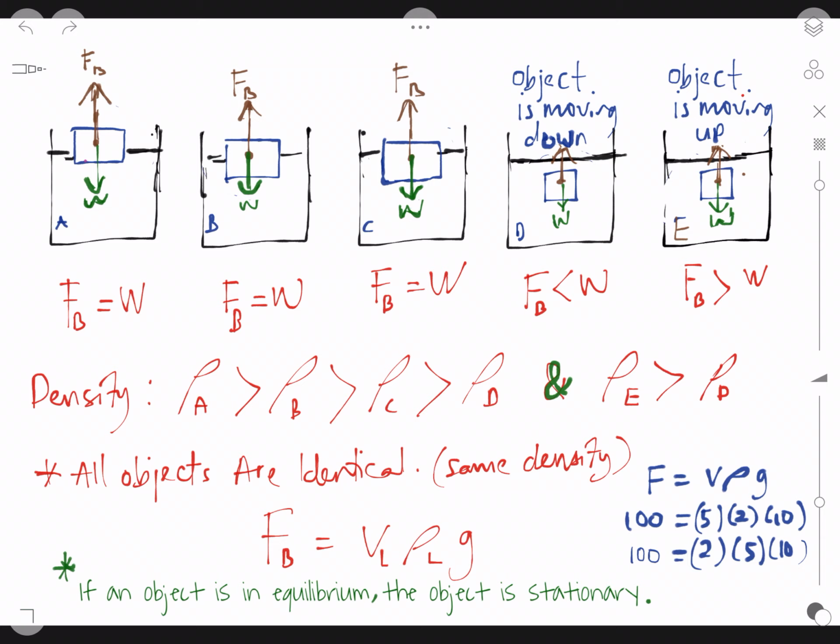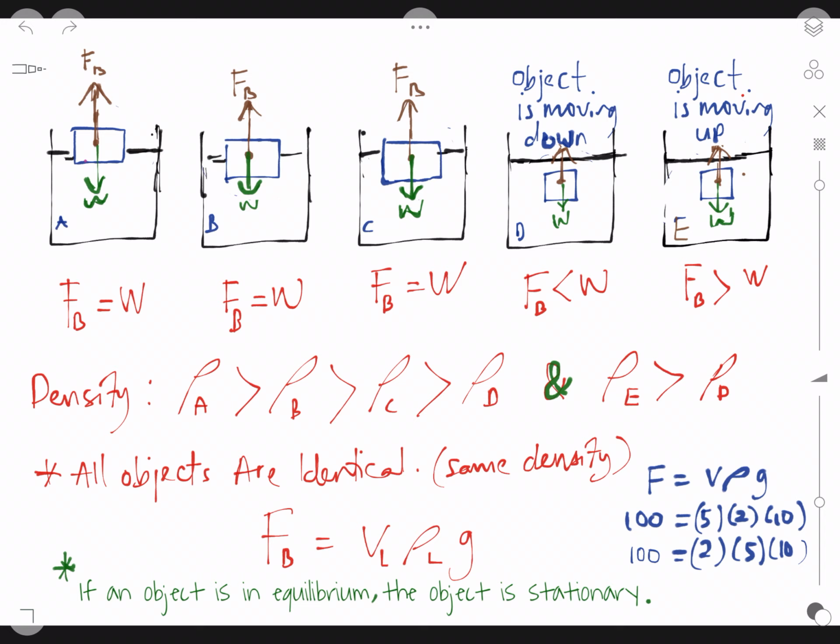Now let us look here. Here is the formula for buoyant force. Since the buoyant force for the 3 situations here is the same, the difference is the part which is submerged under the water surface. When we compare the part which is submerged, diagram A is less than B. So B has more of the part under the water surface.